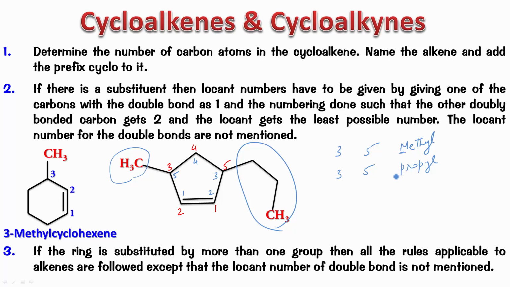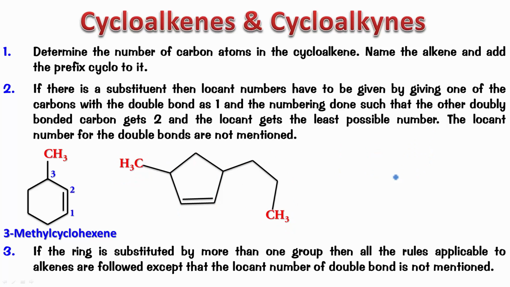And we know that M comes before P. So methyl is preferred. So methyl should get 3 and the propyl should get 5. So this is the numbering. So how are we going to say it? It's going to be 3-methyl-5-propylcyclopentene. Again, we don't need to specify the position of the double bond.